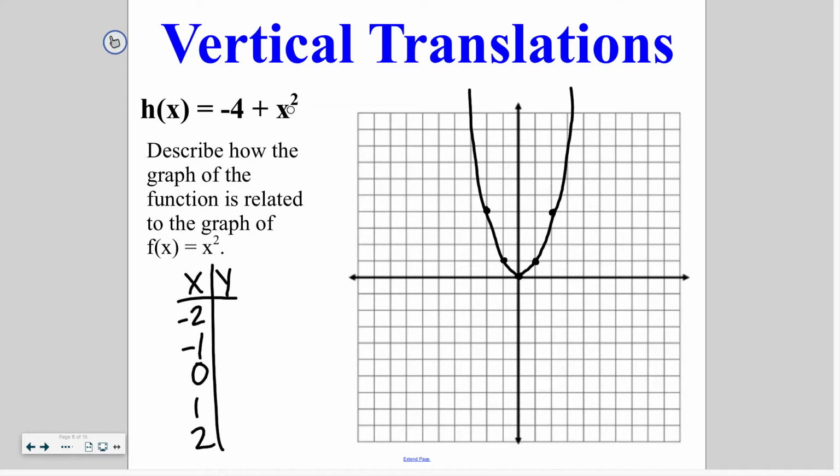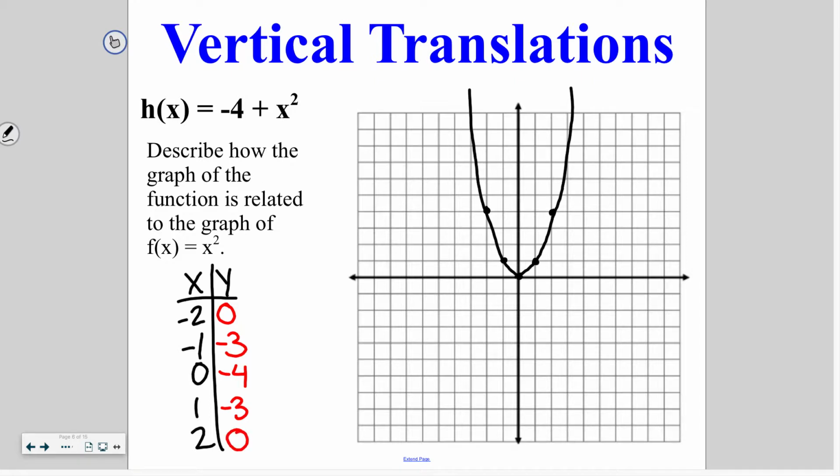Plugging that in, -2 squared is 4. -4 plus 4 gives me 0. -1 squared is 1. -4 plus 1 is -3. 0 squared is 0, minus 4 is -4, 1 squared is 1, plus -4 is -3, and 2 squared is 4, plus -4 is 0.